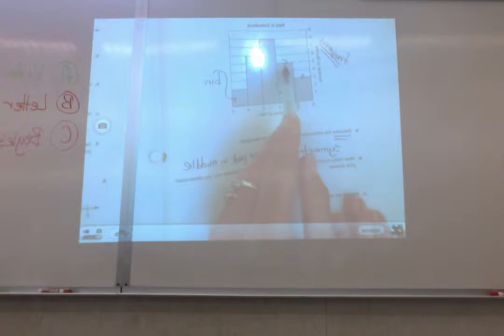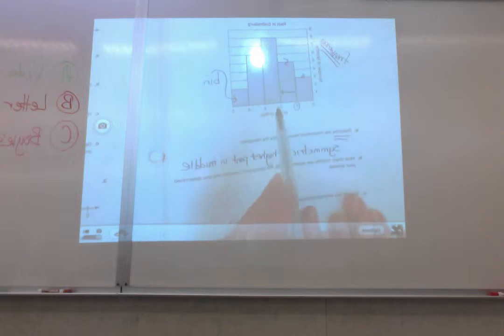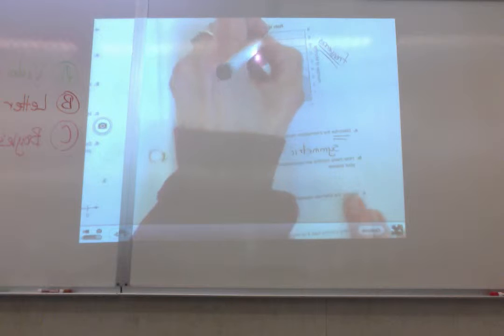Where did I get that 5? Months. From the side. So this bin right here, which represents between 2 and 3 inches, how many months did that occur? 8.